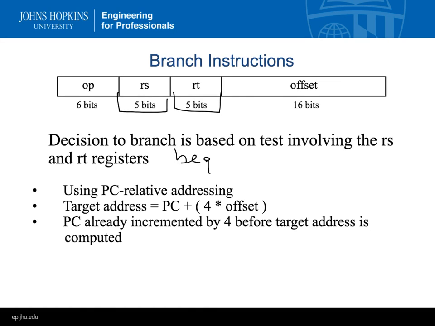And if it is, it's going to add this offset that's given in this field to the current program counter. And the opcode for that is 4. We see that on that table. So that's how this offset is used in a branch instruction.